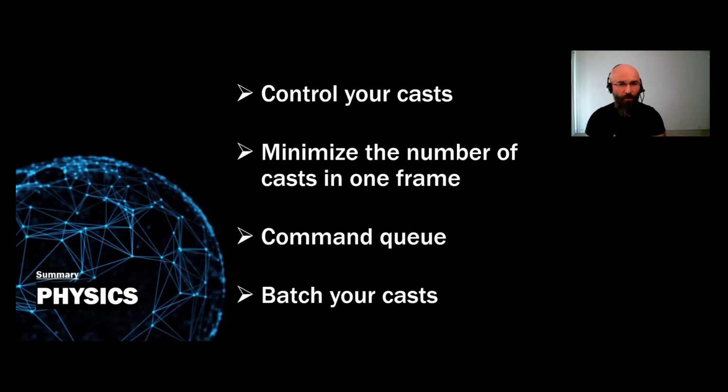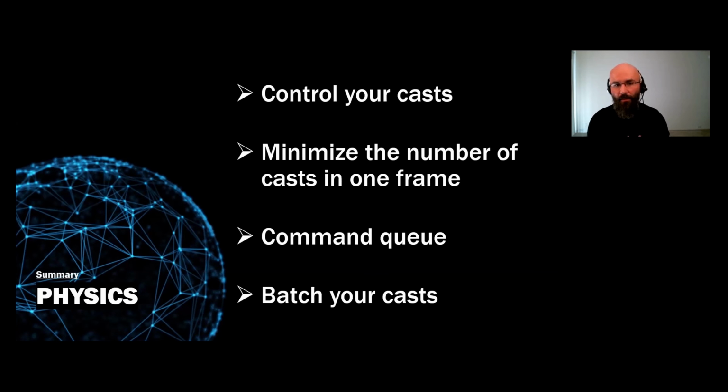So this is a very short description of physics in the game, but this touches a very common problem in games when we are executing too many casts and too many physical requests in one particular frame.